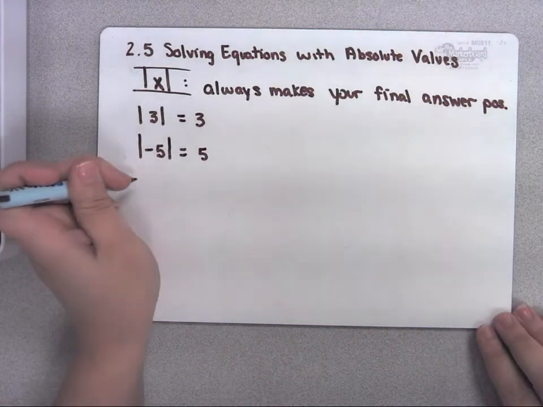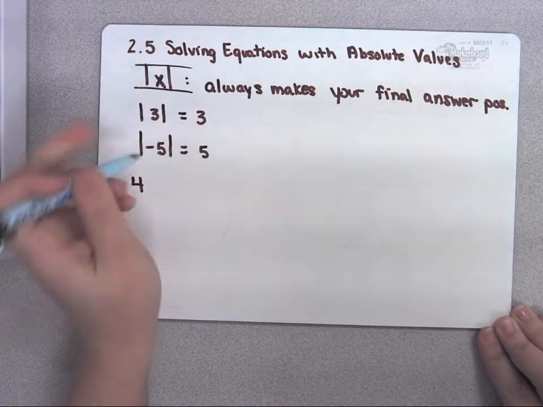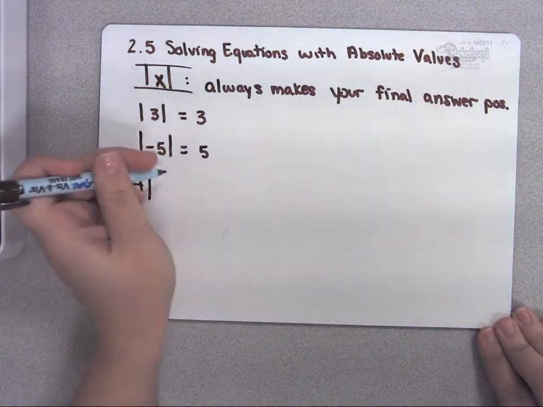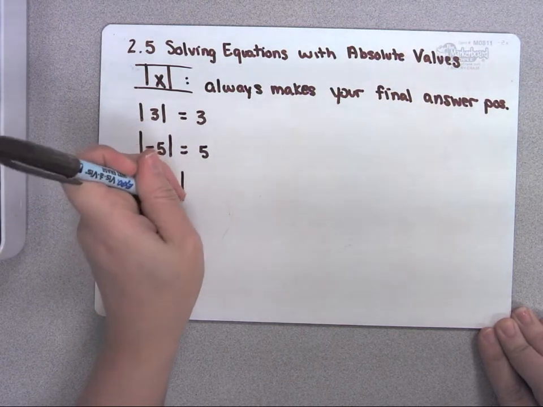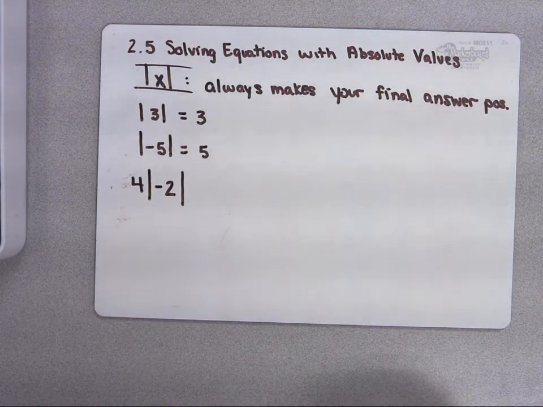Okay, what about this? What if I have 4 and then absolute value of -2? I keep writing bigger. I can't tell you why. So first, what are we going to do, Jacoby?